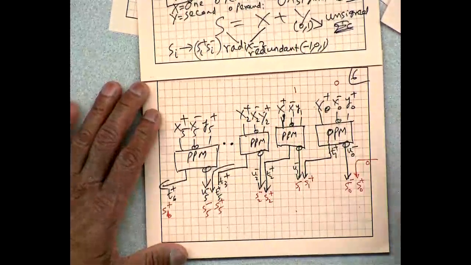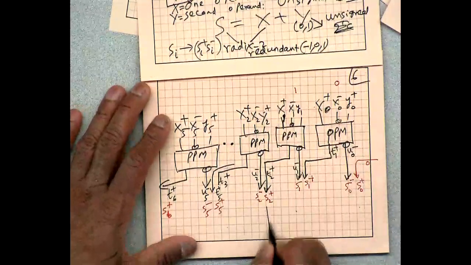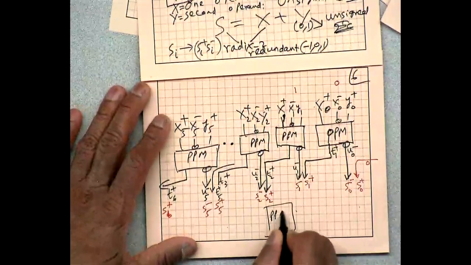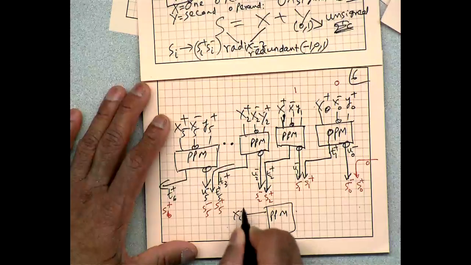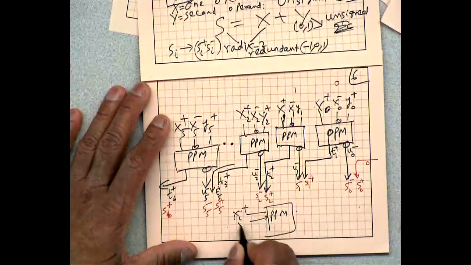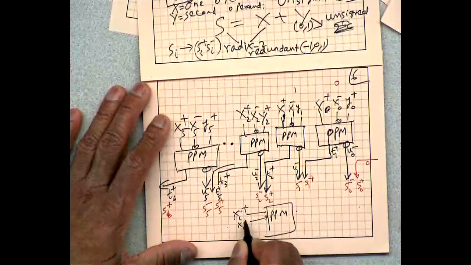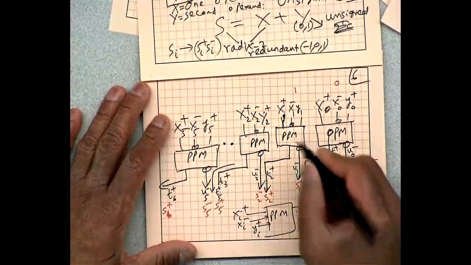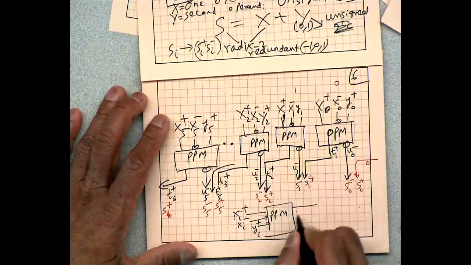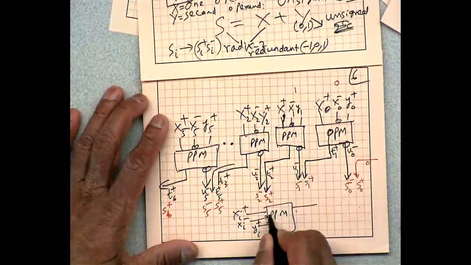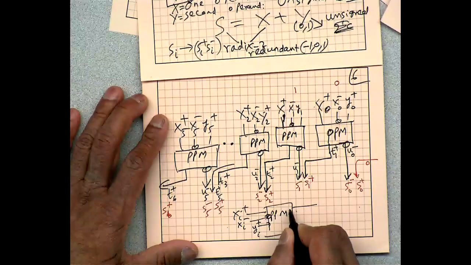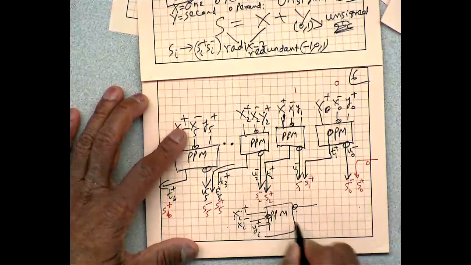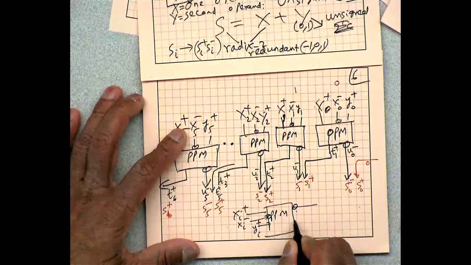So for example, in clock cycle 1, if I have this PPM adder, and I take xi plus, xi minus, yi plus, and then in clock cycle 1, let's say this is the so-called bubble, and this is the bubble for the u, and this is the transfer digit, so this is u and t.